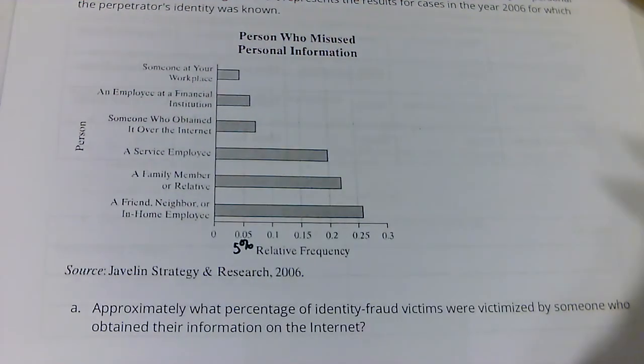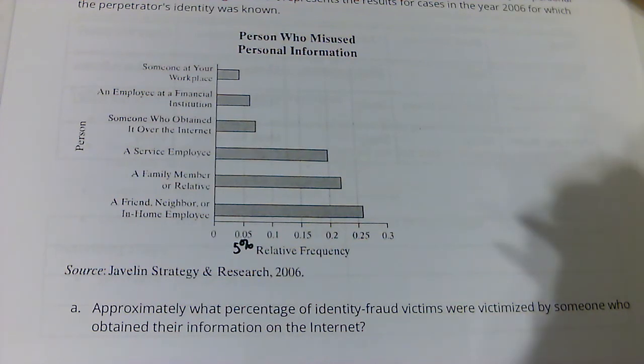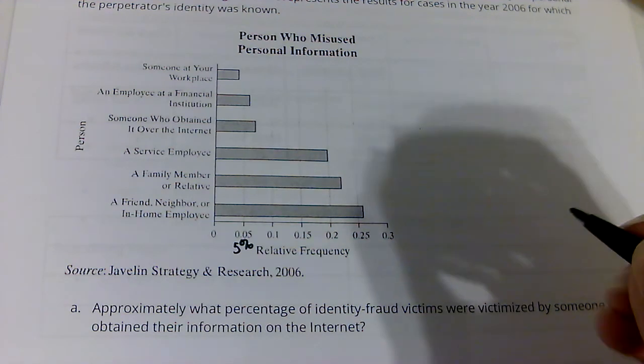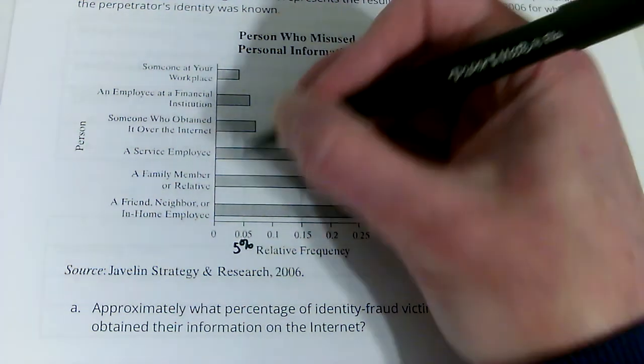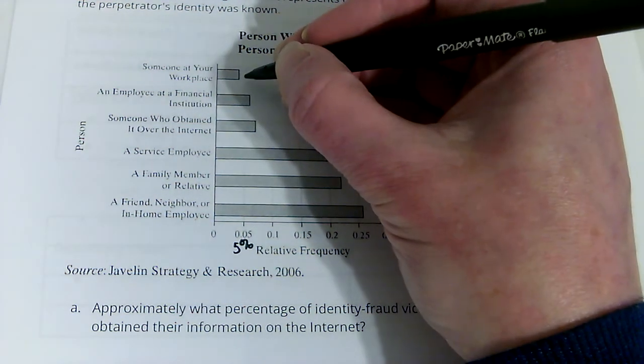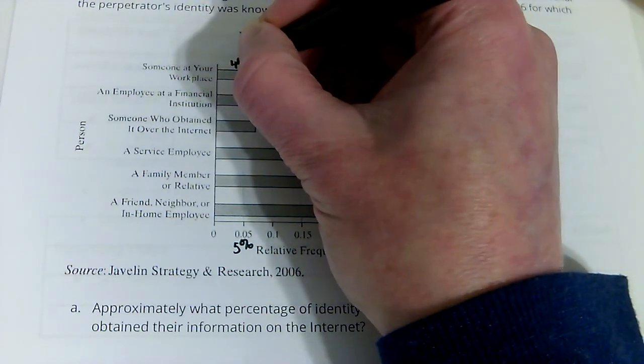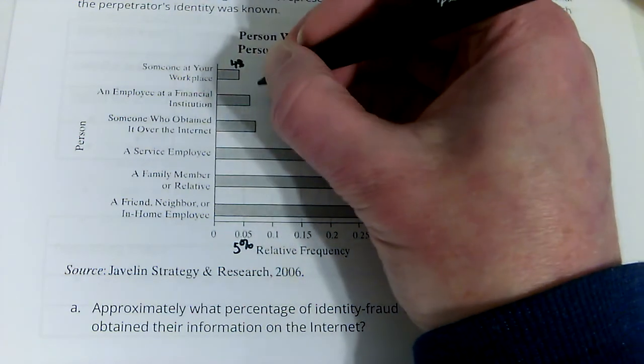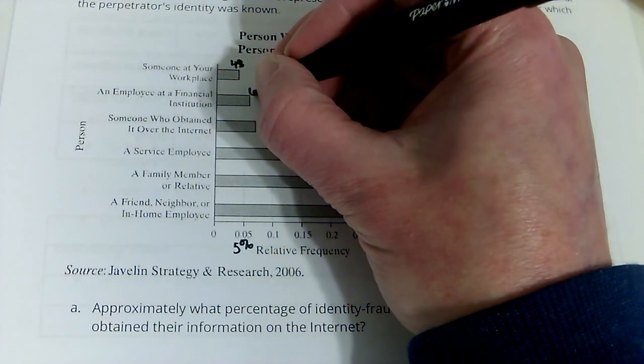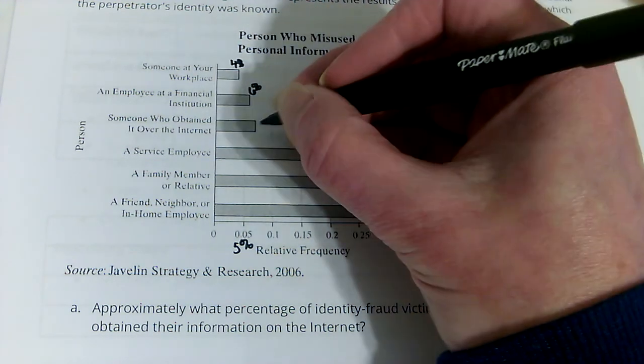Approximately what percentage of identity fraud victims were victimized by someone who obtained their information on the internet? So we need to go through and kind of guesstimate what these numbers are. This one's just shy of that 5% line, so I'm going to guess 4%. This one's just a little past, so I'm going to go with 6%.